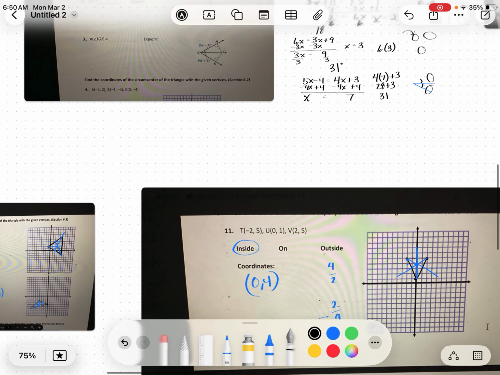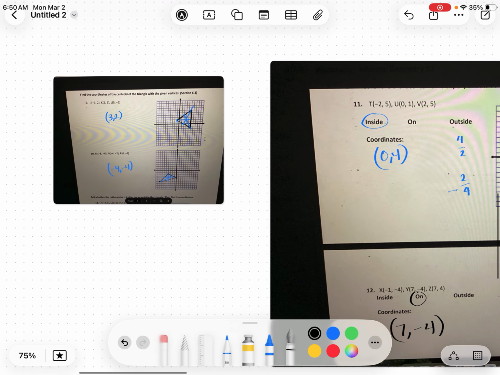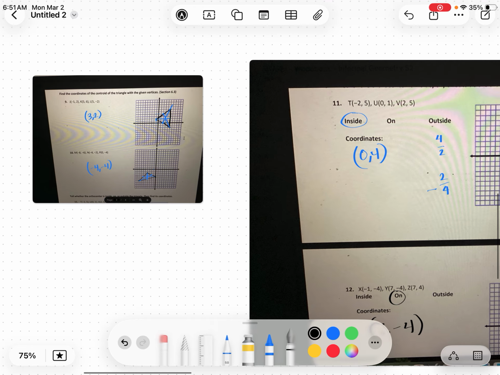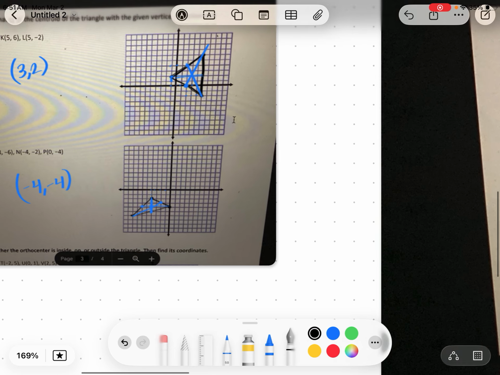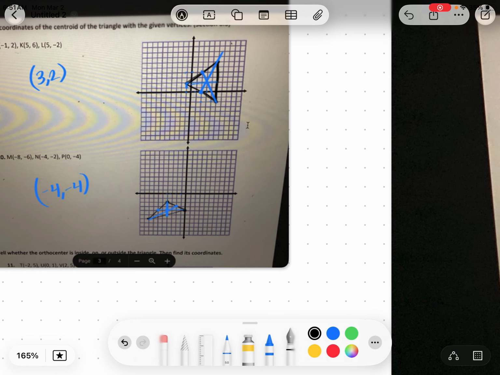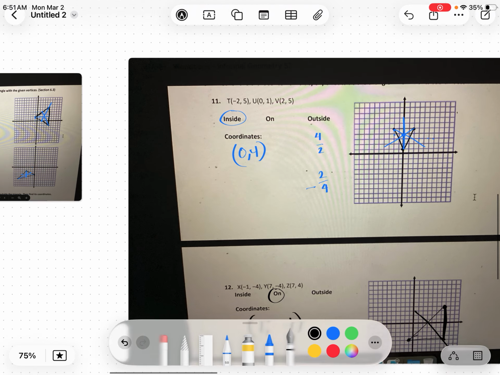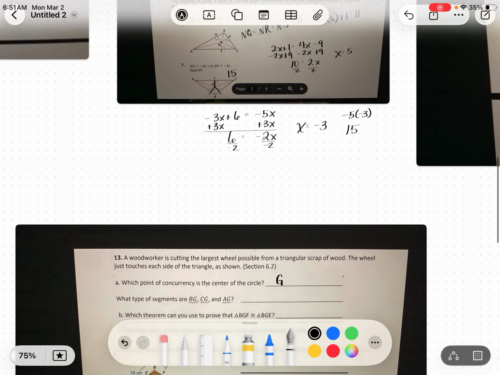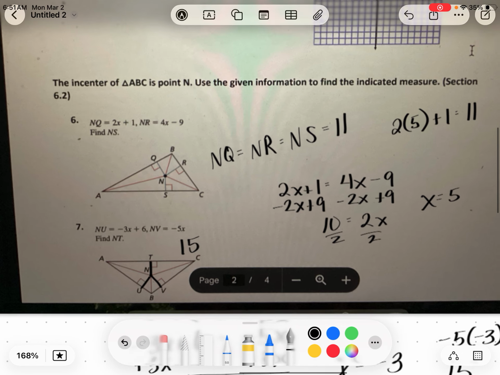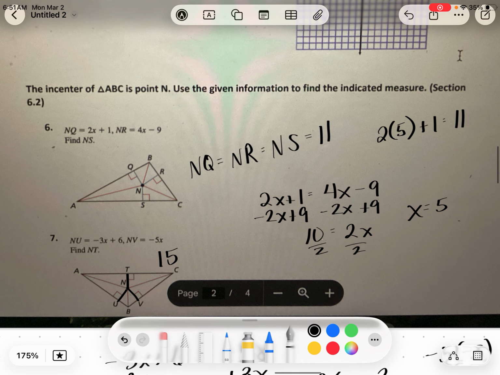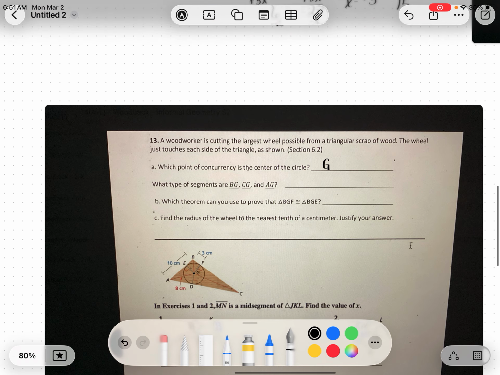I don't think it was any of those. I don't think it was a centroid, because remember, centroids just went there. I've got a feeling this looks more like these. So, it looks like an incenter to me.